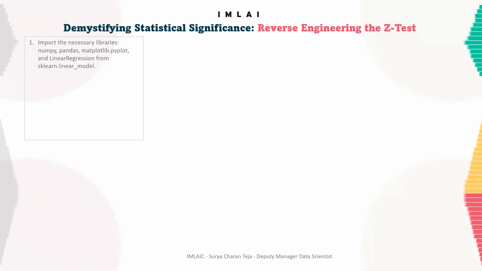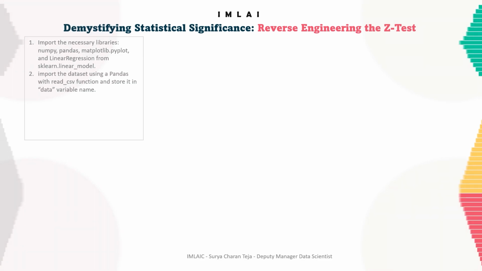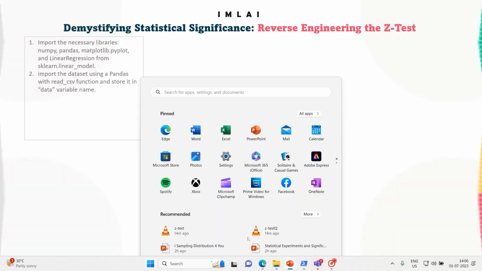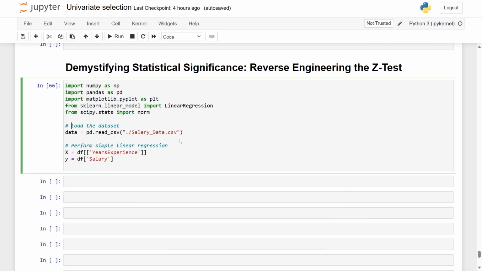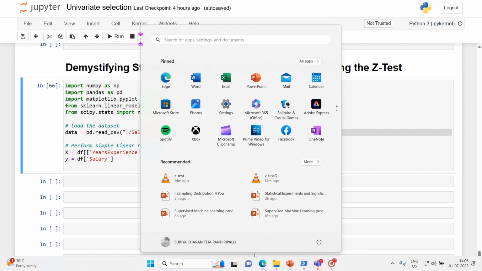Step 1 is done. Now it's time to move on to step 2. Let's import the dataset using pandas with the read_csv function and store it in a variable named data. That's what we did here. So data is equal to pandas dot read_csv, and this is our dataset.